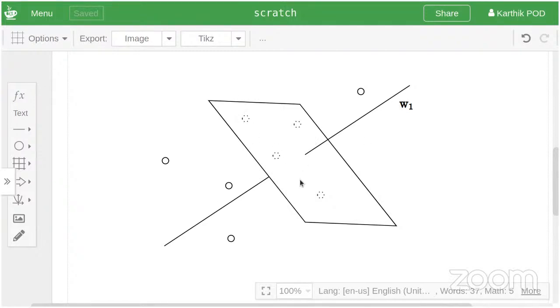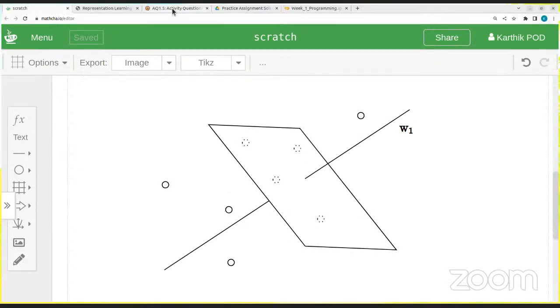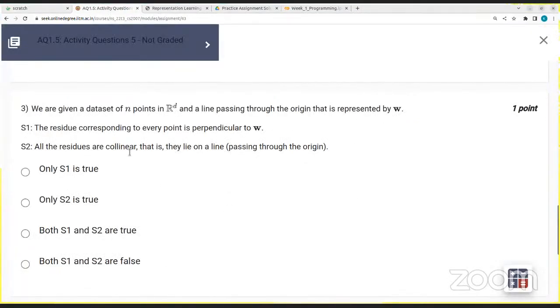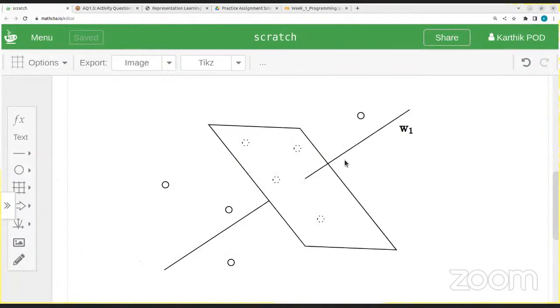They need not lie on a line, which is what this question is asking you. All the residues are collinear, that is, they lie on a line passing through the origin. No, this is false. Only thing we can say is that they lie on some kind of a plane which is perpendicular to W1. Okay, sir. Okay.